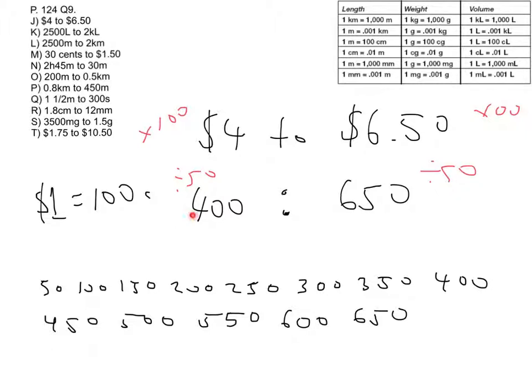So 400 divided by 50, if we count this way, 1, 2, 3, 4, 5, 6, 7, 8. 400 divided by 50 equals 8. And 650 divided by 50 equals 1, 2, 3, 4, 5, 6, 7, 8, 9, 10, 11, 12, 13. So your final answer should be 8 to 13.